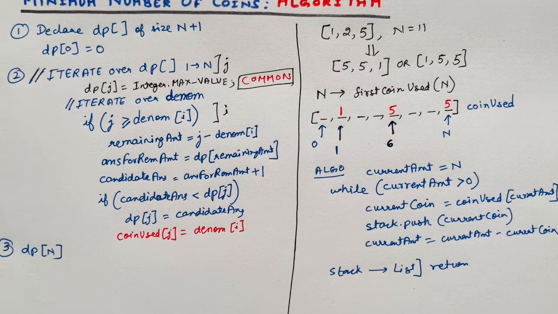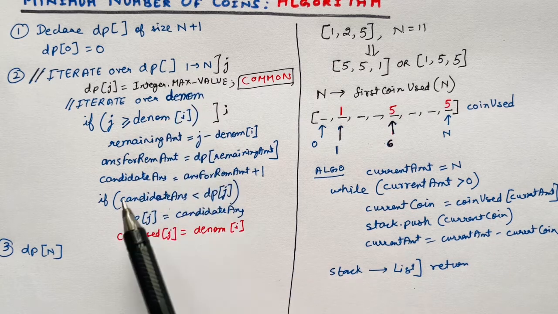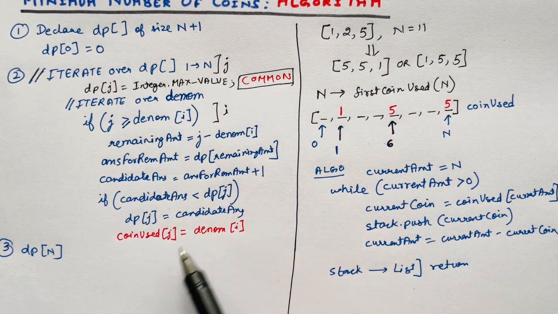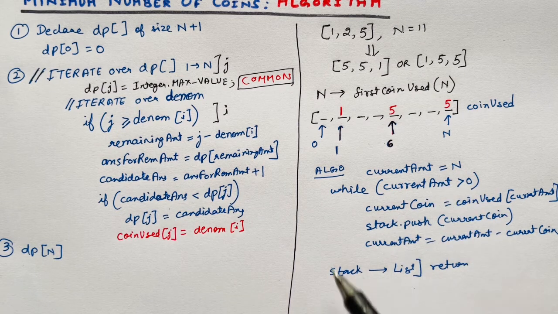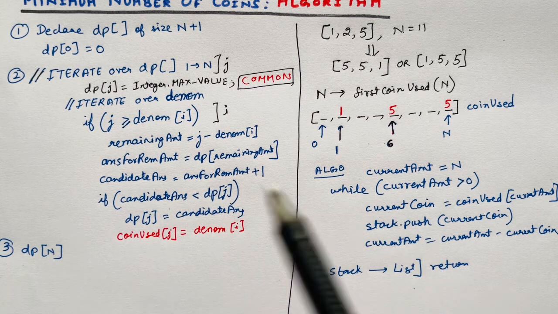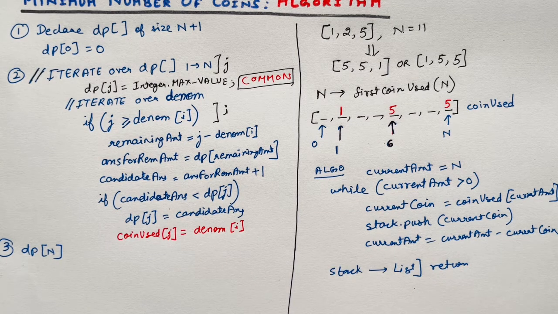In this way, we can fill our coin used array as well. It is obvious that we will have to declare this first, just like the dp array. And once we are done with this part of the algorithm, we will use this to return the actual list of coins used. Now this completes our overall algorithm to return the list of coins used to form a particular amount n, satisfying the constraint that this is the minimum number of coins used.